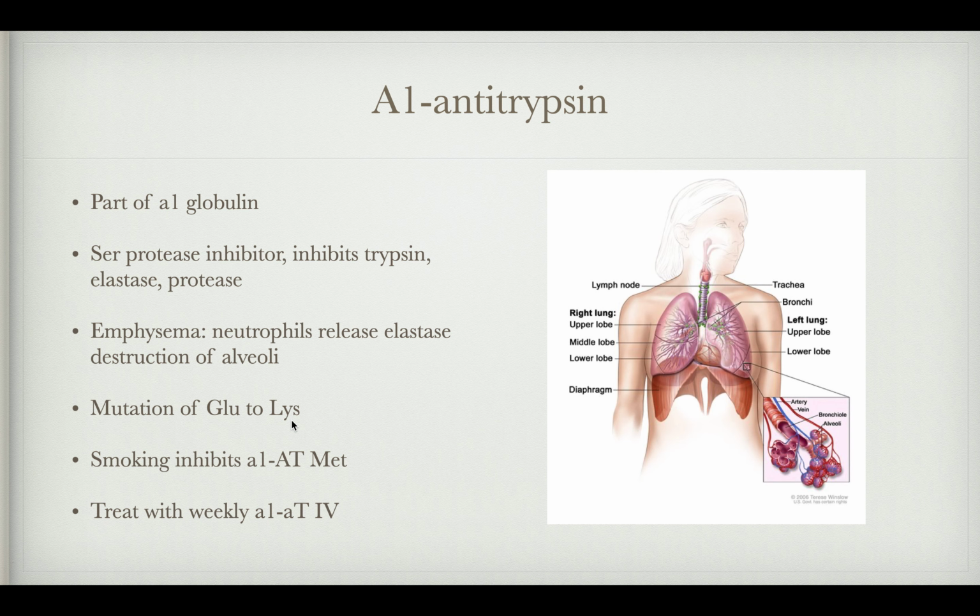And smoking also oxidizes the alpha-1 antitrypsin methionine, which inactivates the alpha-1 antitrypsin. And then you can treat this with weekly IV infusions of alpha-1 antitrypsin.